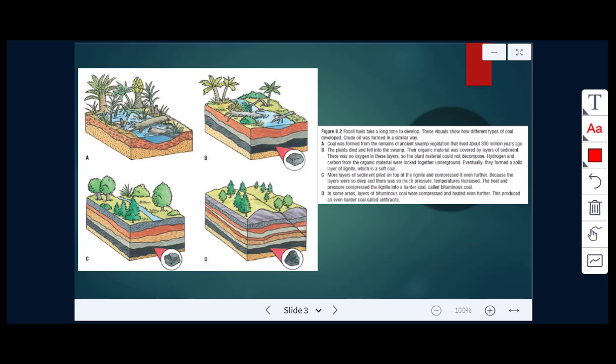Some layers of bituminous coal were compressed and heated even more, and this produced an even harder coal called anthracite. So lignite was the soft coal, and then bituminous coal, and then the harder coal called anthracite.